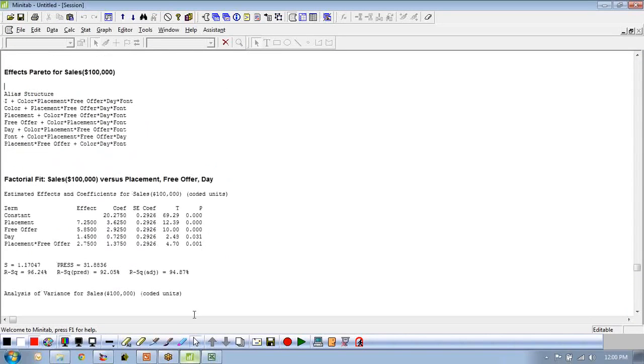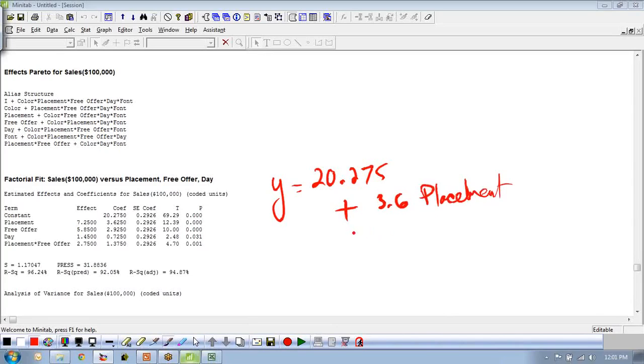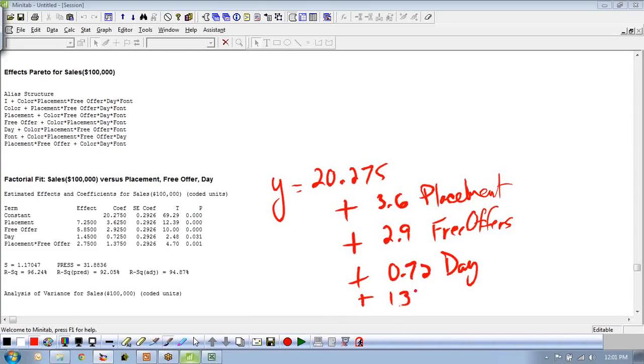Let's take a look at our model, and it says that y is equal to 20.275 plus 3.6 times placement plus 2.9 times free offer plus 0.725 times day plus 1.375 times placement times free offer. Right?